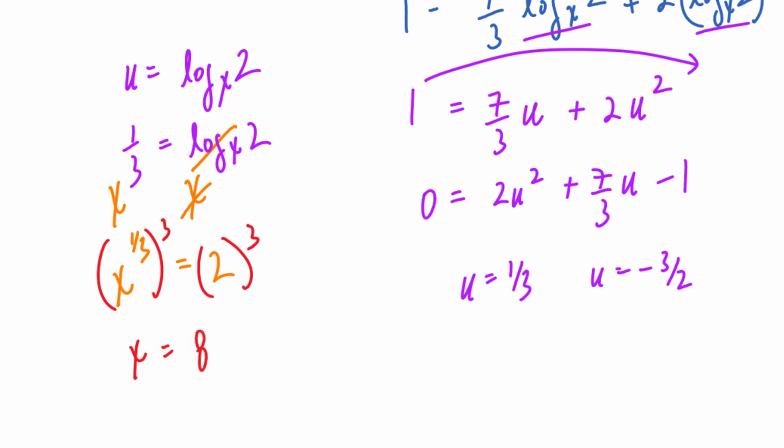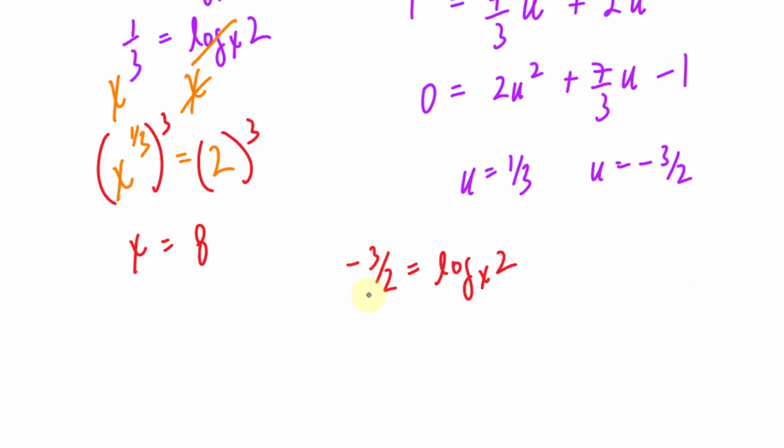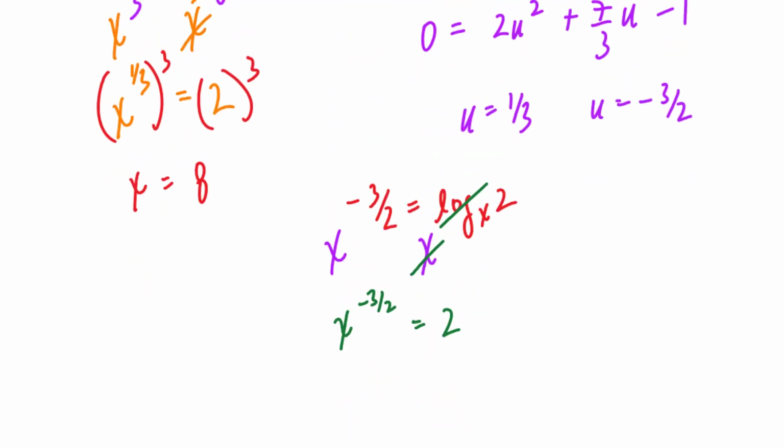We'll do the same thing again. Negative 3 over 2 is equal to log base x of 2. This will become the exponent, and that will become the exponent. The base and that part will cancel out. And now we have to solve for x one more time.